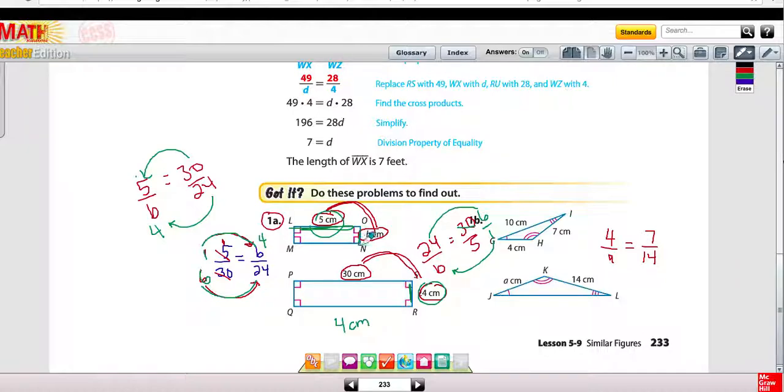4B. And let's just try something to show you here.